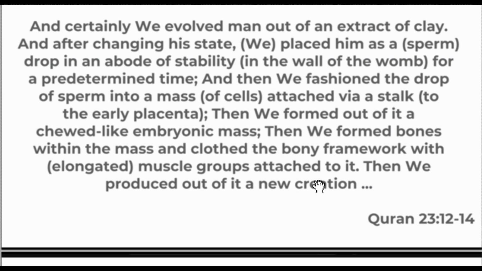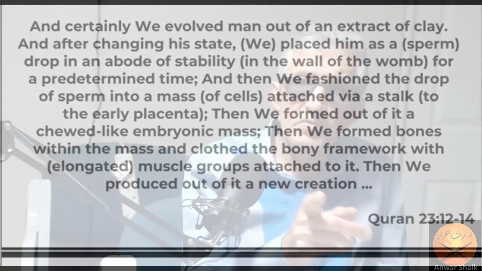Which is a hint as to the limitless intellectual and moral potential of the human embryo. So these new creation changes only take place in the human brain and not in the other vertebrates, right?